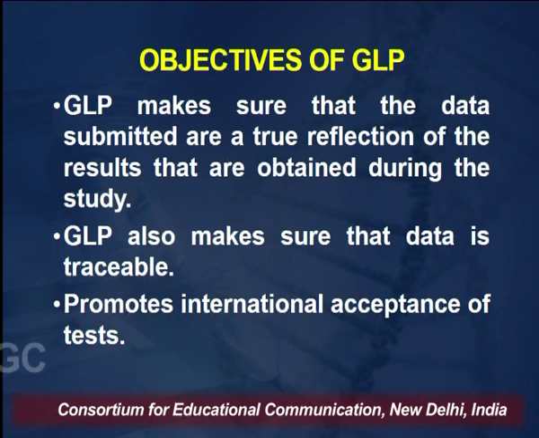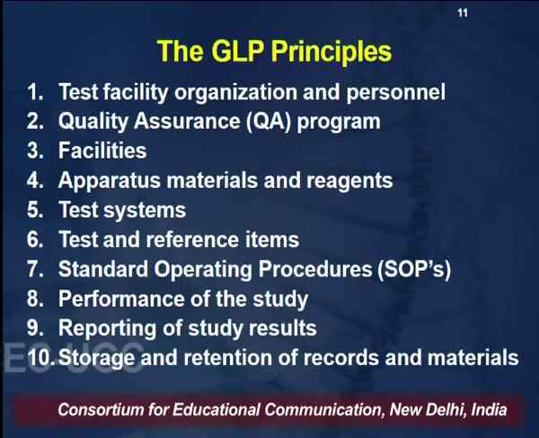The test should be conducted in a good laboratory as per the guidelines, so that other countries and other OECD members and nations can accept the data without any doubt. Now, what are the GLP principles?